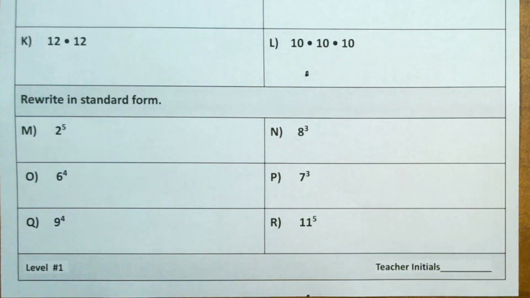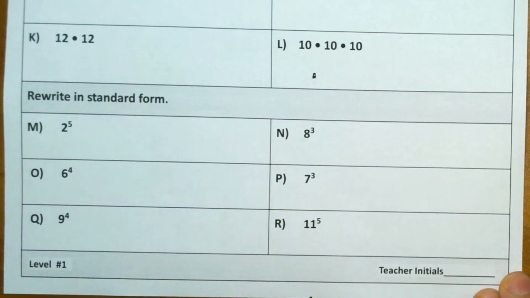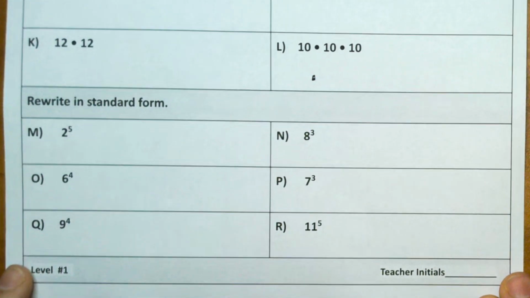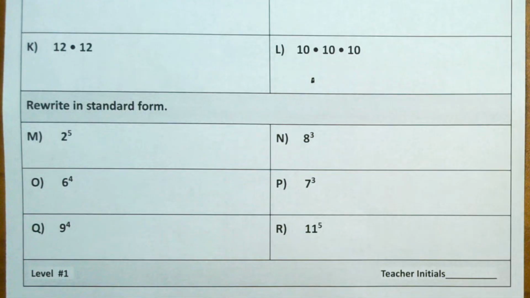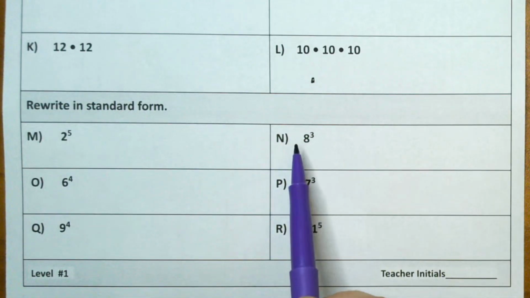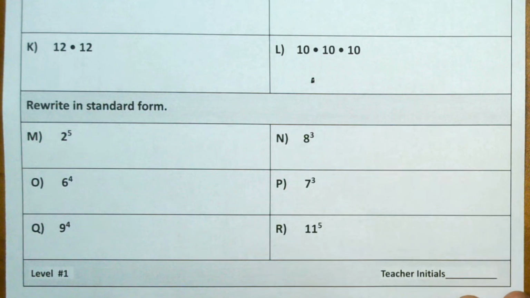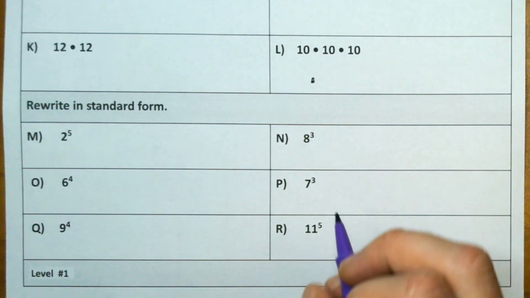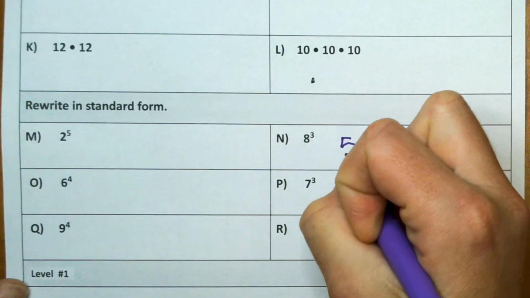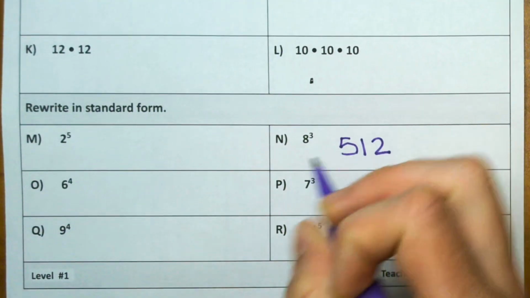All right, last section, we're going to rewrite in standard form. So if you have a calculator for this section, if your teacher's allowing it, then get that out. And let's do problem N. For problem N, I'm simply going to plug in my calculator or solve 8 times 8 times 8. And 8 times 8 times 8 is 512.